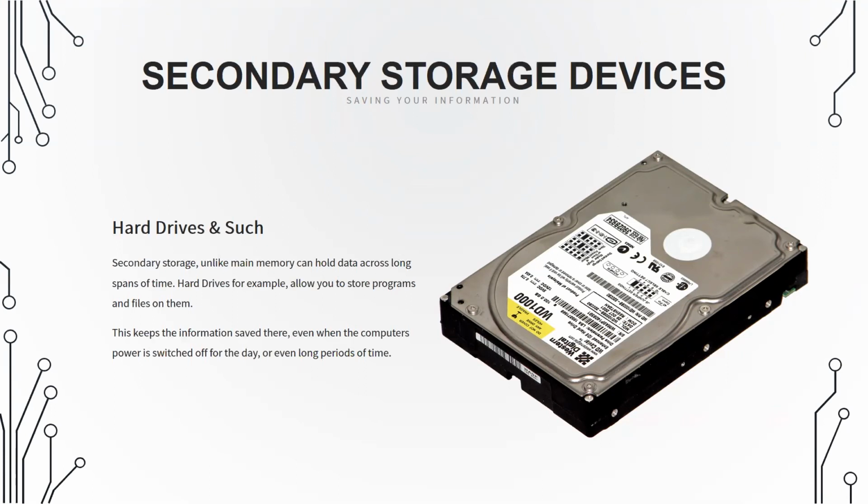This takes data and stores it by encoding it onto a circular disk. Other forms can consist of external disk drives, allowing the user to move data from one main computer to another. And although pretty much obsolete these days, there were also floppy disk drives, which have now been replaced by USB drives, two other forms of secondary storage devices.